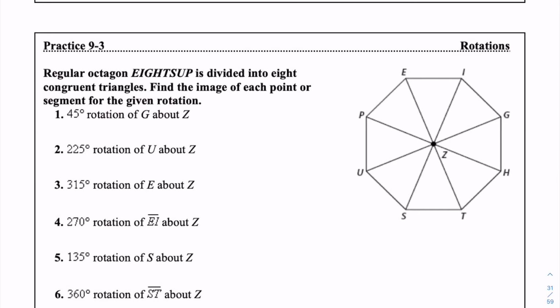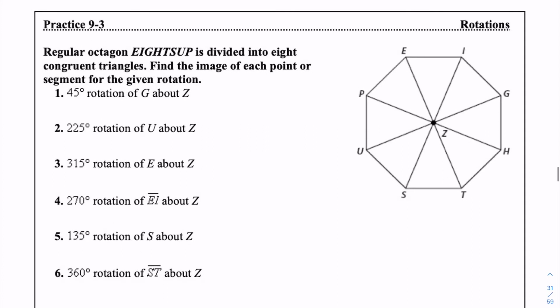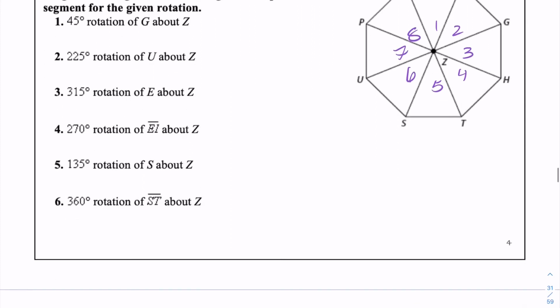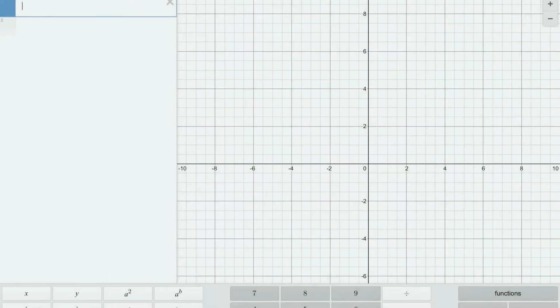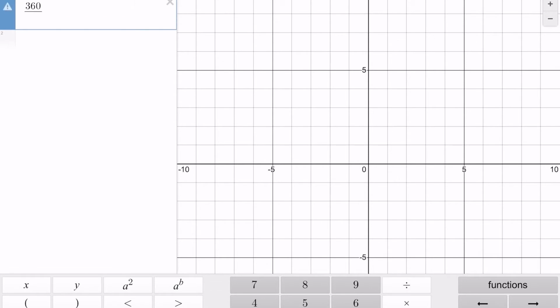And we're already onto practice 9.3, but I'm not asking you to pass it in because this is all I found really that was relevant here. Looks like we have 1, 2, 3, 4, 5, 6, 7, 8 triangles. If they're equidistant, 360 divided by 8 is 45, right?